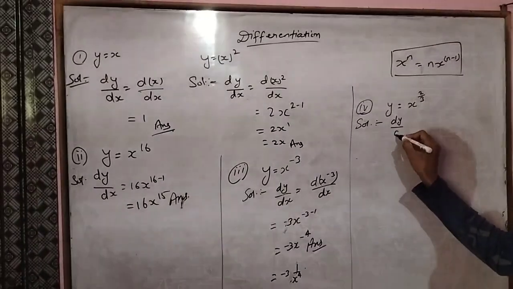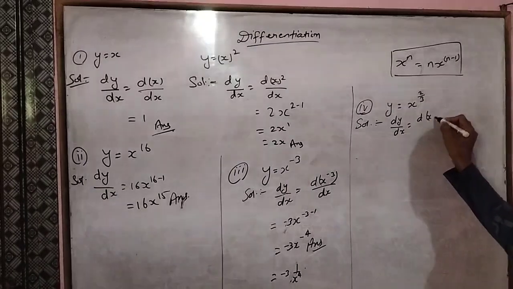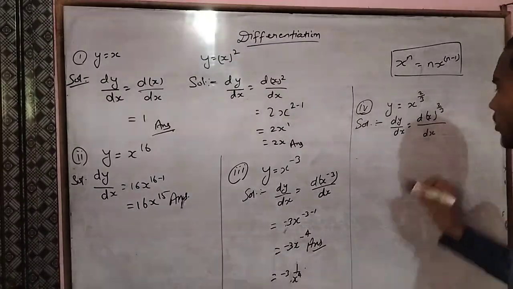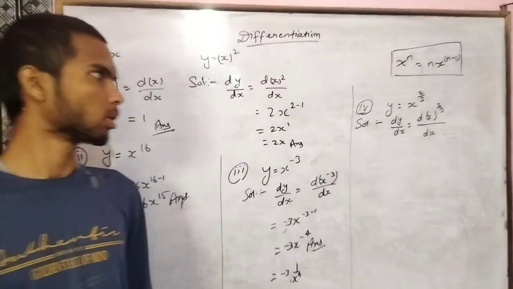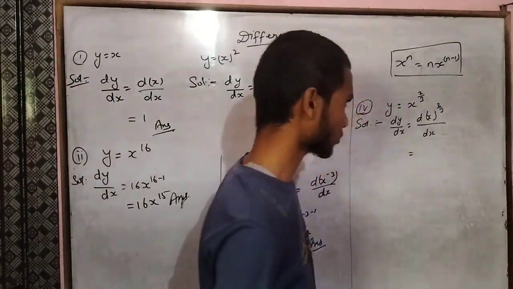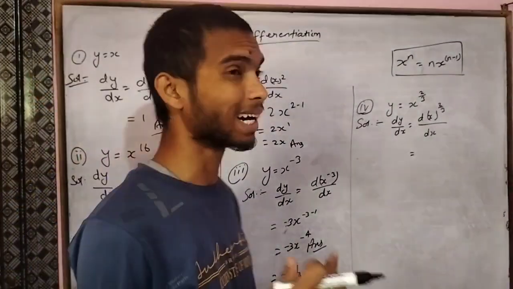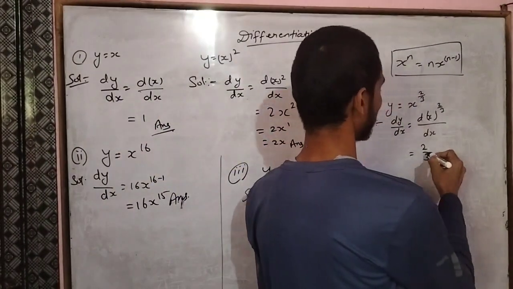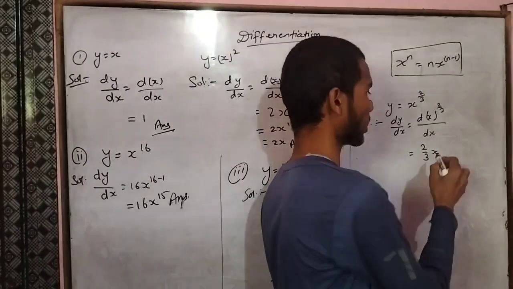First of all, you will write the exponent, 2 by 3. Then the variable as it is.